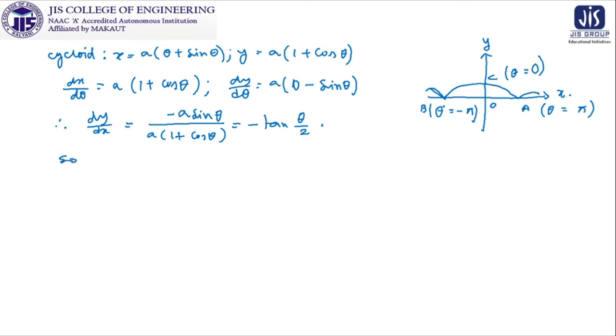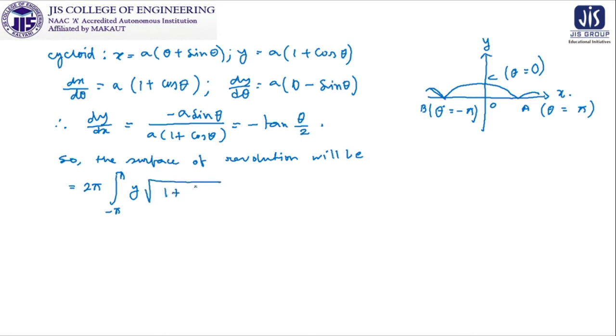Now our required surface of revolution, according to the formula, is 2 pi integration from minus pi to pi of y root over 1 plus dy dx whole square, dx.